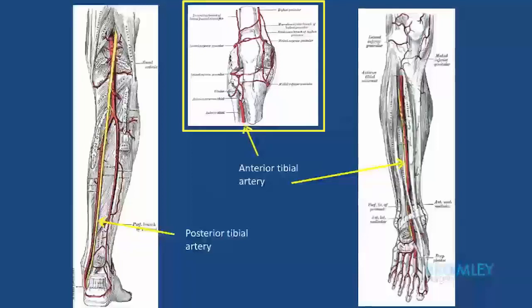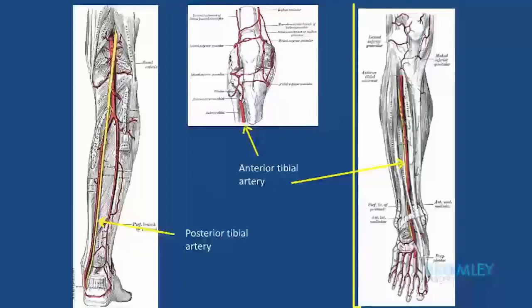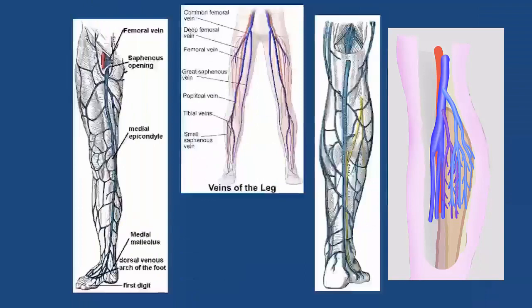It's accompanied by the deep peroneal nerve for most of its course before it passes under the extensor retinaculum, also known as the transverse crural ligament. So the two structures, the nerve and the artery, pass underneath that before entering the front of the foot between the first and the second metatarsal. And that is the anterior tibial artery that we feel as the dorsalis pedis pulse just on the top of the foot.